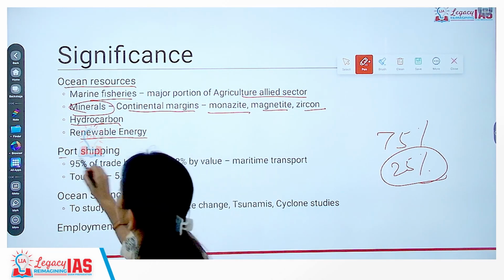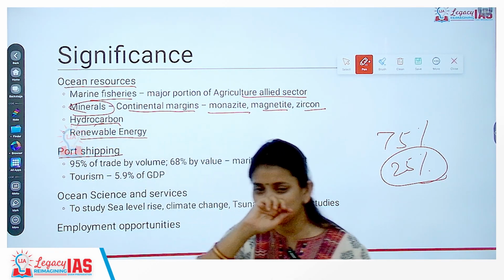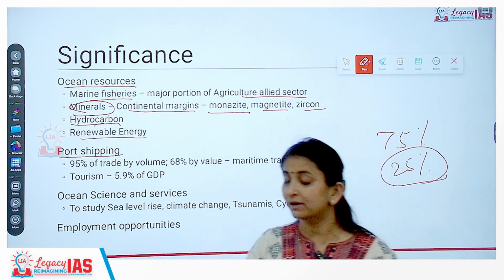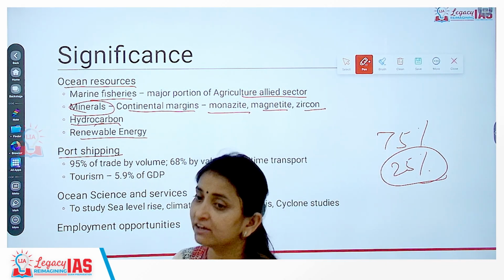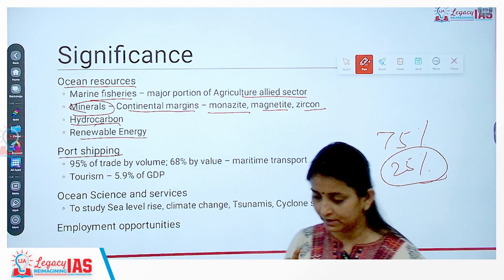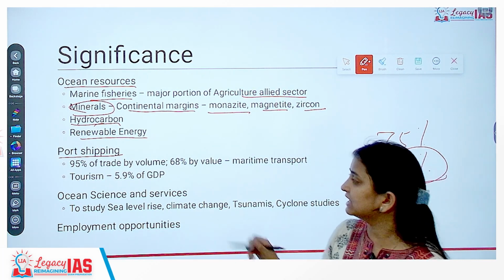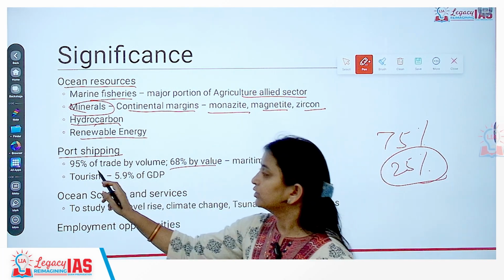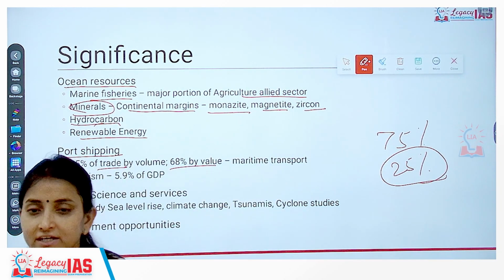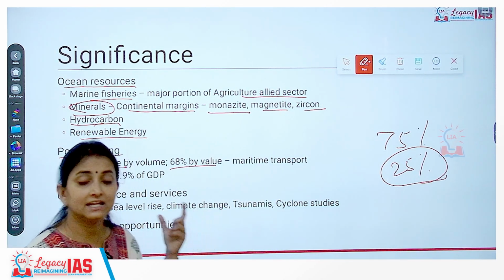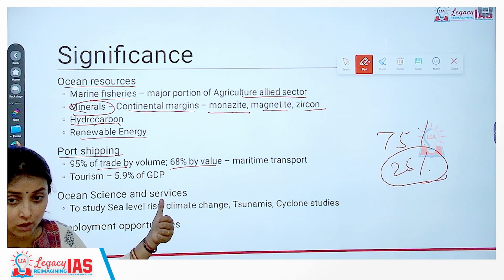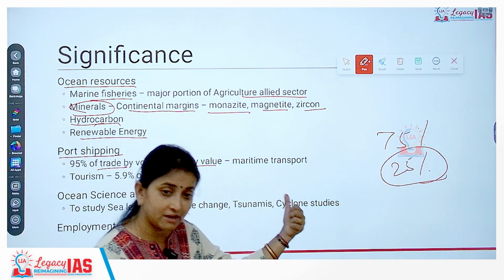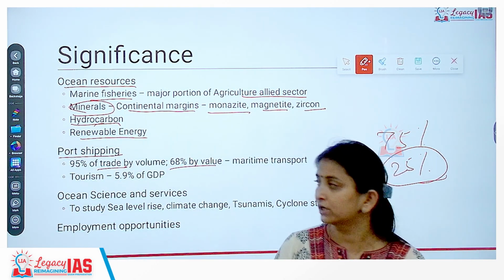But apart from this, oceans are also a source of generation of money through trade. The total trade that is going out of India and coming into India, 95% by volume and 68% by value, is through maritime transport only.